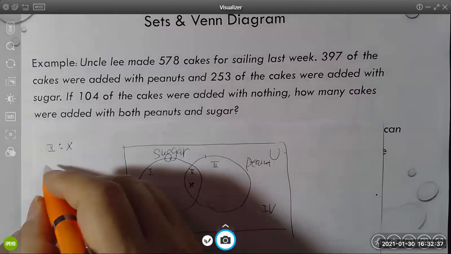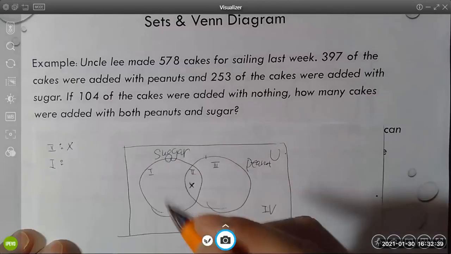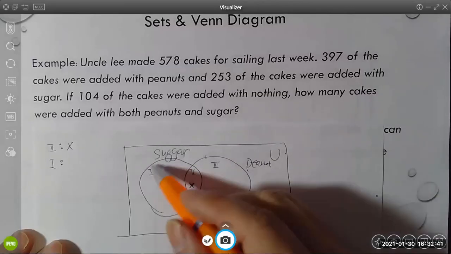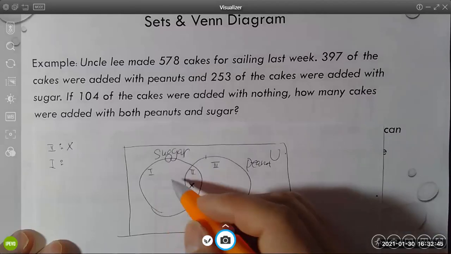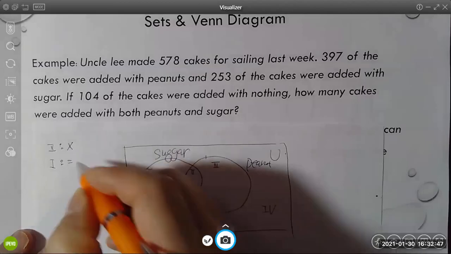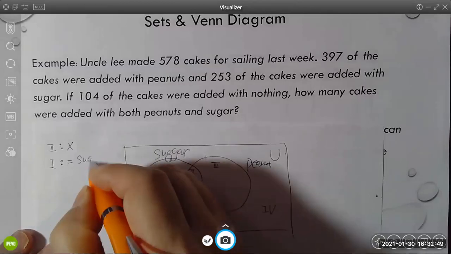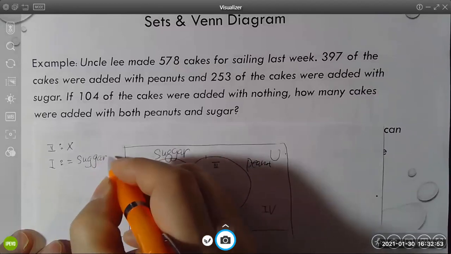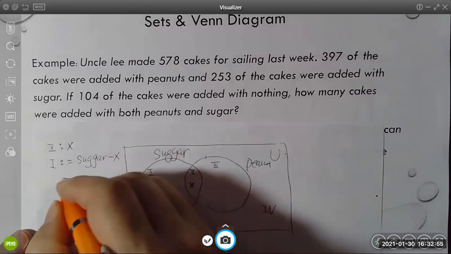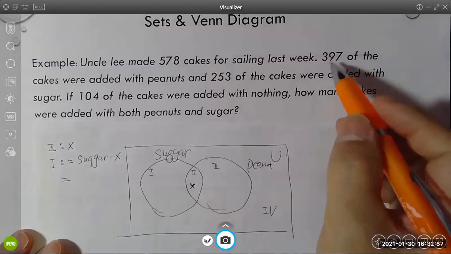So let's say region 1. Region 1 is the whole sugar circle, subtract X, right? Get rid of that, and you get sugar only. So region 1 equals sugar minus X. How many added sugar? 397?